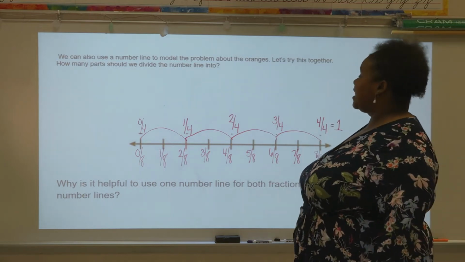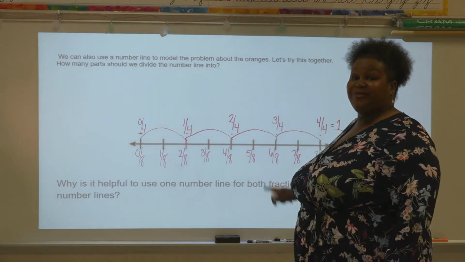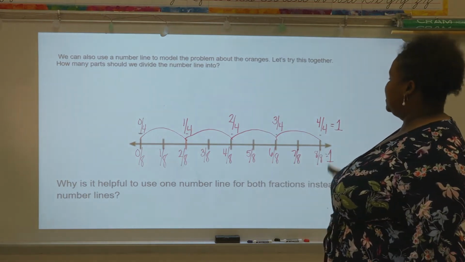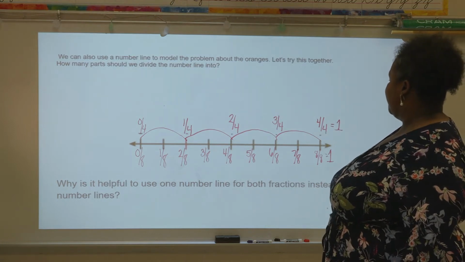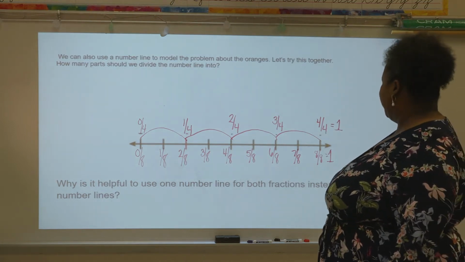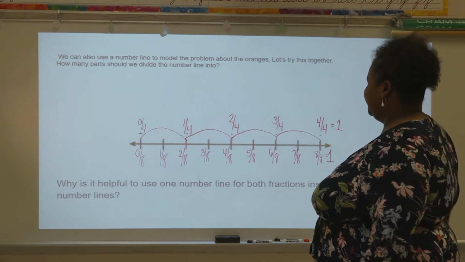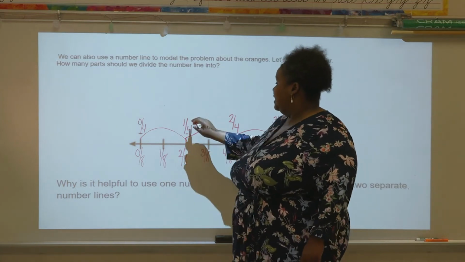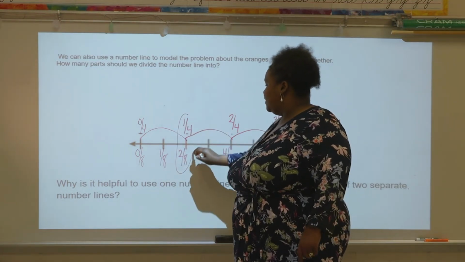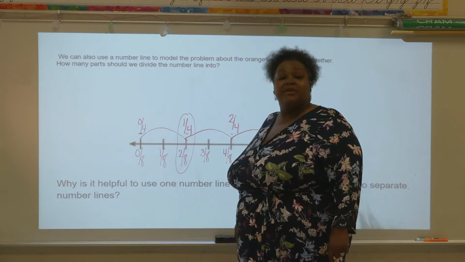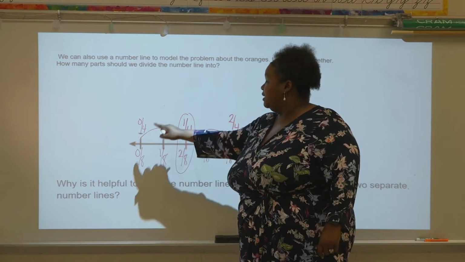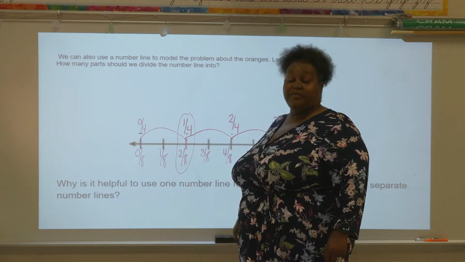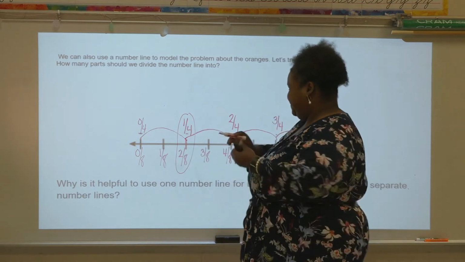Now, let's see if I can find some equivalent fractions by looking at this. I'm looking at my number line and seeing, do any of them equal? This goes back to the story with Austin and Andrew. Andrew had 1/4, Austin had 2/8. They're the same distance on the number line from the 0, which shows their equivalent fractions.